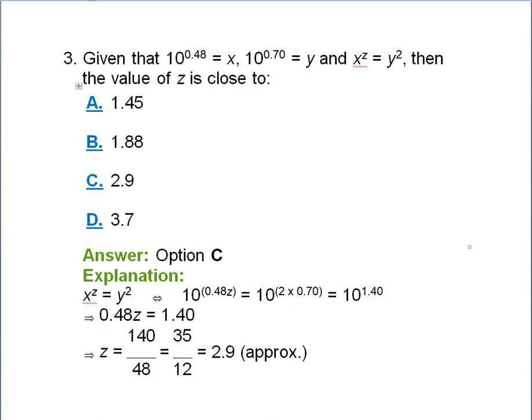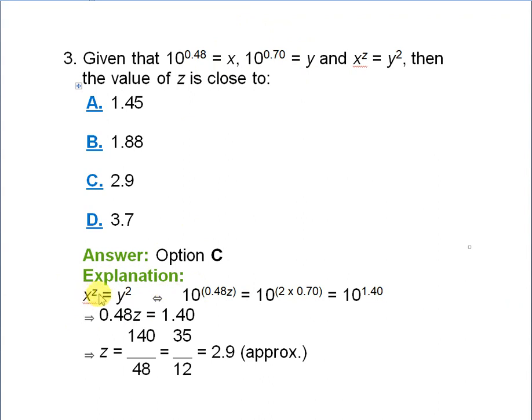We know that x^z equals y squared, and y is 10 raised to the power 0.70. So we know the value of x as well as y. In this equation we'll put the value of x, 10 raised to the power 0.48.